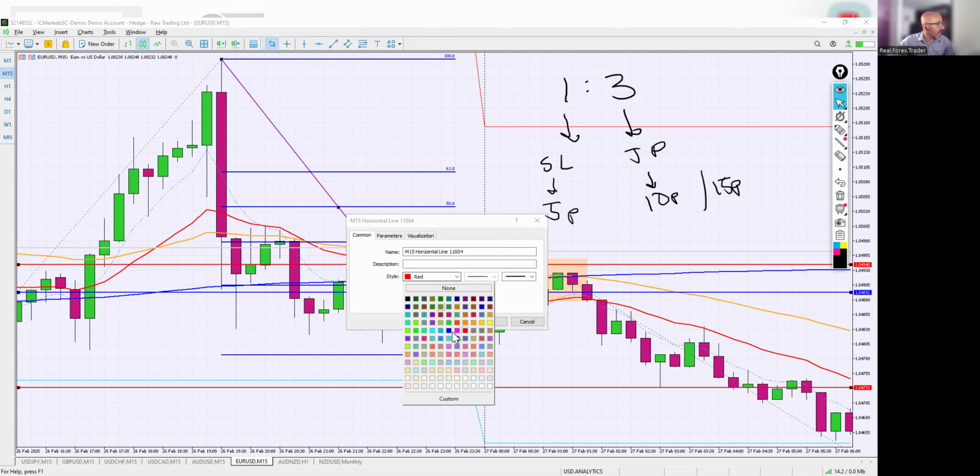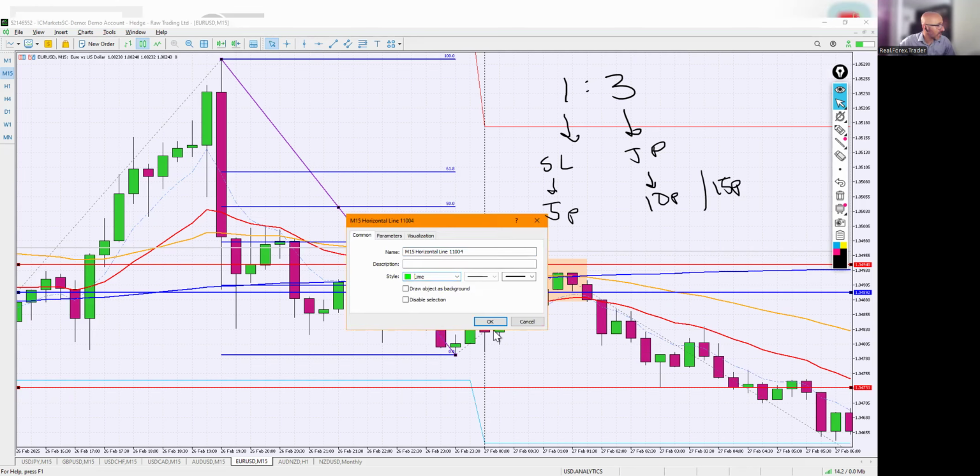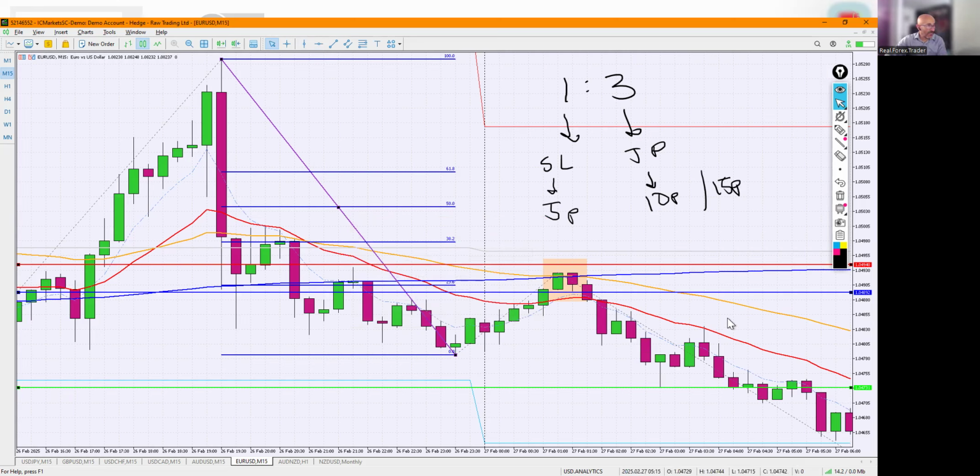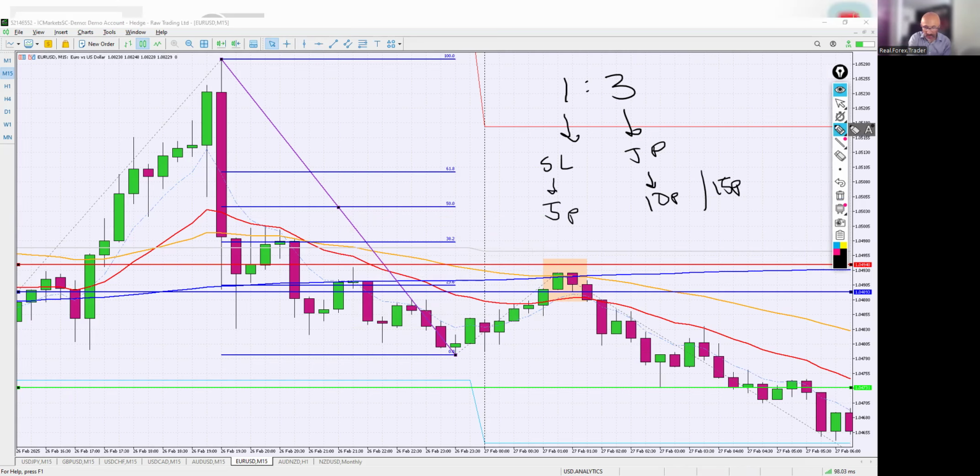And this could be a nice setup. Check this out. In the moment that I placed my entry here, okay, my trade here, because of when it closed, right? So I set it here.